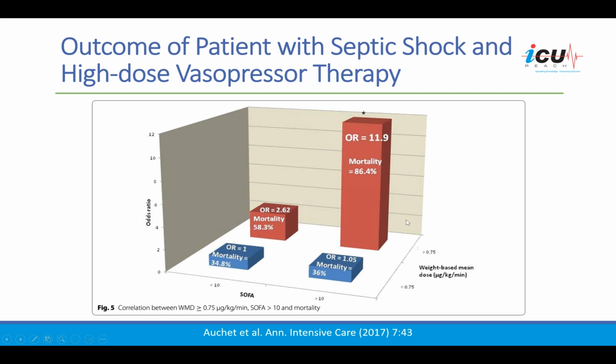So actually, yes, we use higher dose norepinephrine. If the SOFA score for those patients is less than 10, the mortality rate is much better than if the SOFA score is higher than 10.